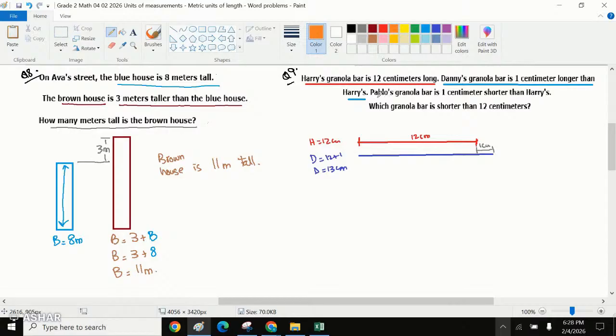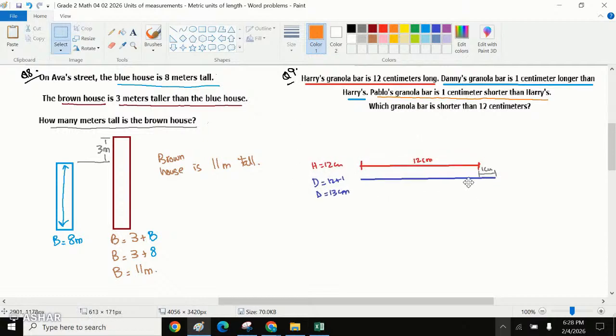Pablo's granola bar is 1 centimeter shorter than Harry's. If Pablo's is 1 centimeter shorter than Harry's, that means we know the length of Harry's. It should be 1 centimeter shorter. That means this difference in length should be 1 centimeter, and this was Pablo's.